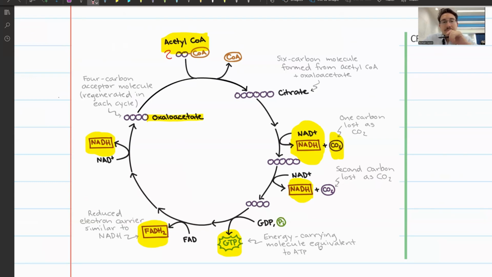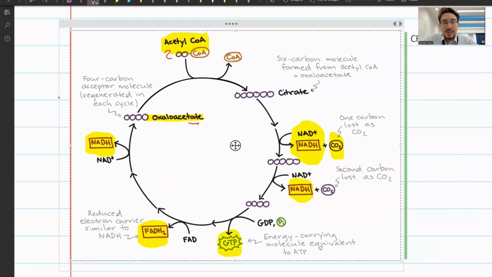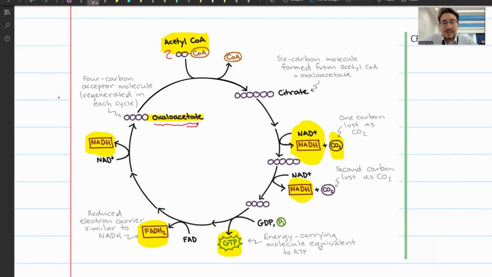Ultimately, you want to restore a key molecule, right, called oxaloacetate. And this is like an intermediate molecule that always binds with acetyl-CoA to produce a 6 carbon sugar, right, which is in the form of a citrate, right, or citric acid, right? That's why it's called citric acid cycle.